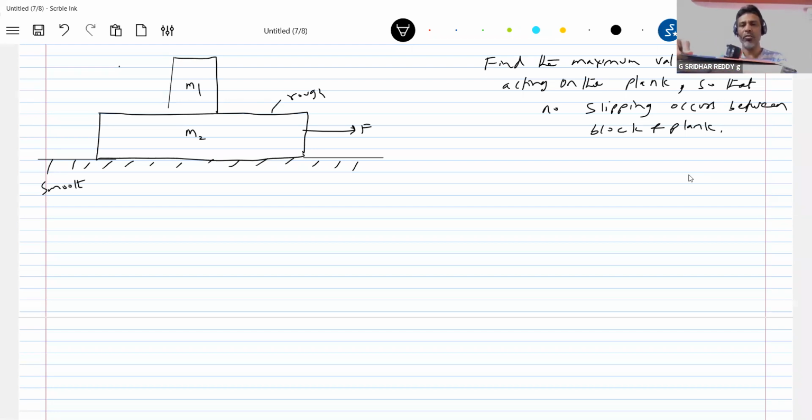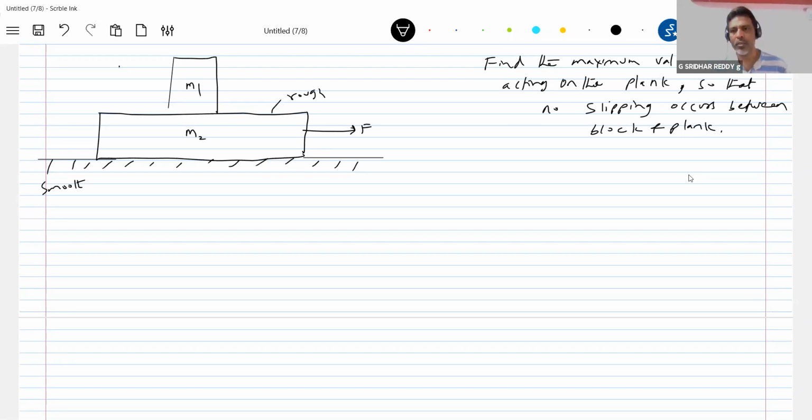But now there's no slipping; both are moving together. But if I pull with more force, slipping occurs. So this is what we are going to discuss.